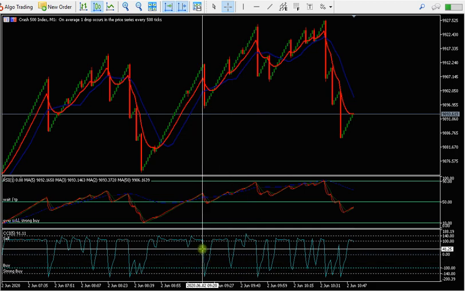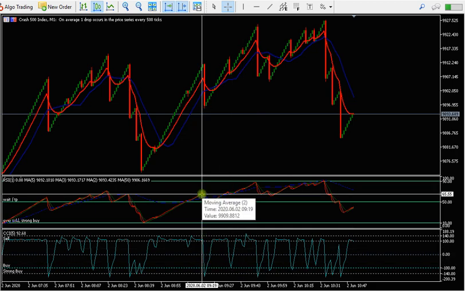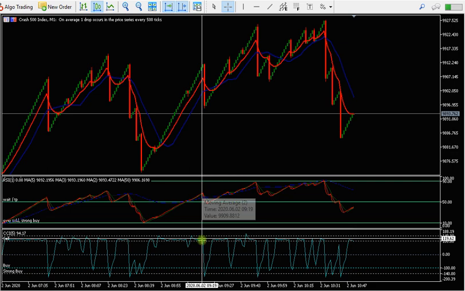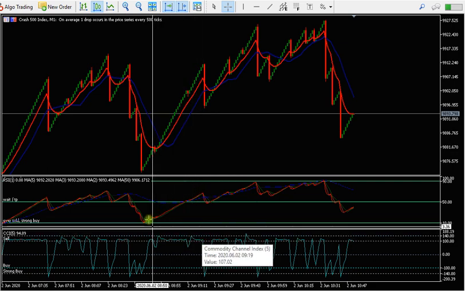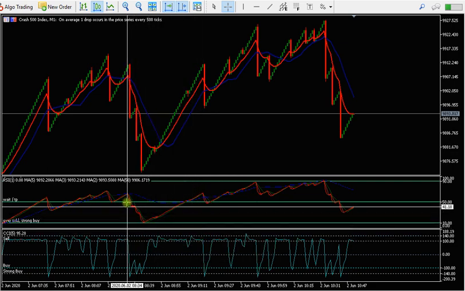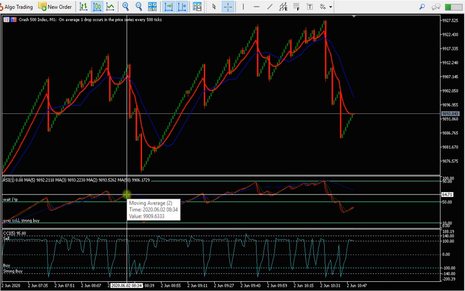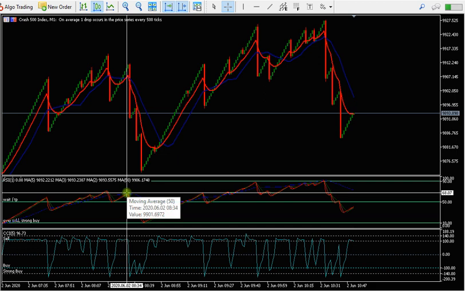So all these conditions where the blue line and the band are meeting and the CCI are meeting are areas where you actually get those confirmations. So you see it's always 1 to 2 candles which are there before the spike occurs.